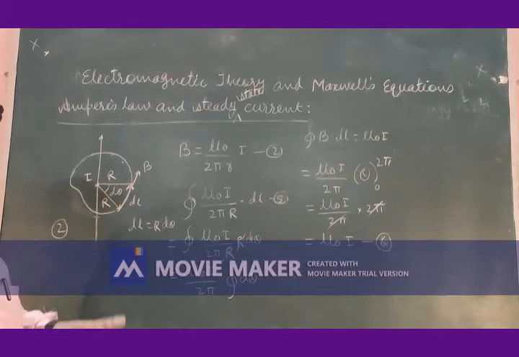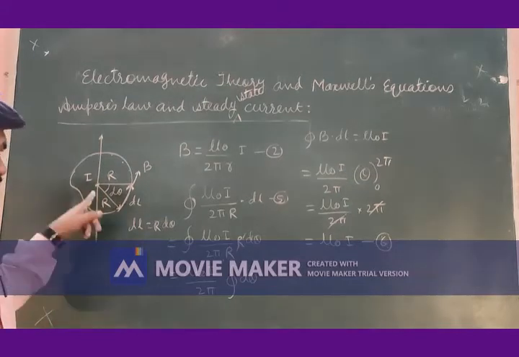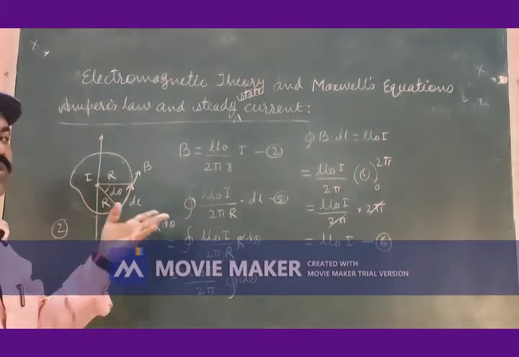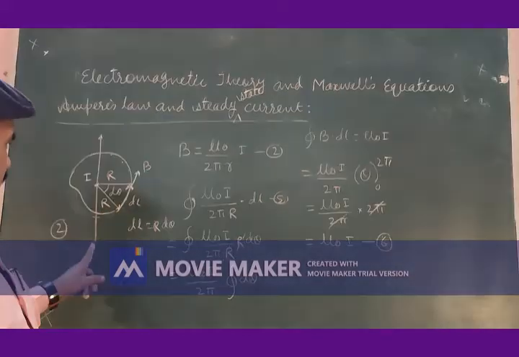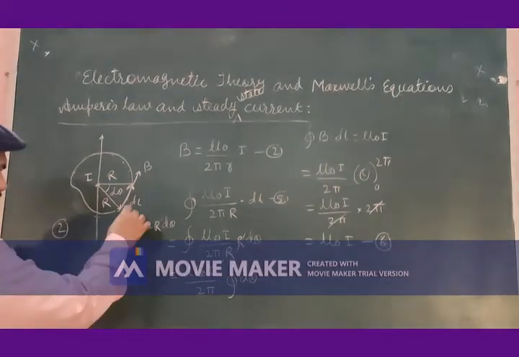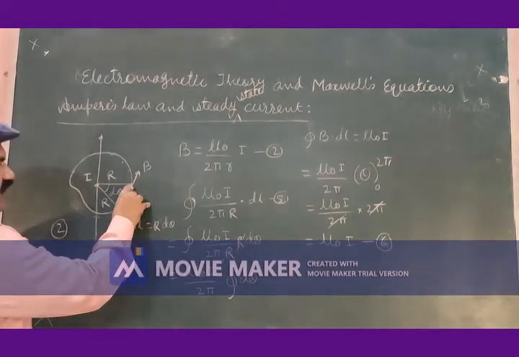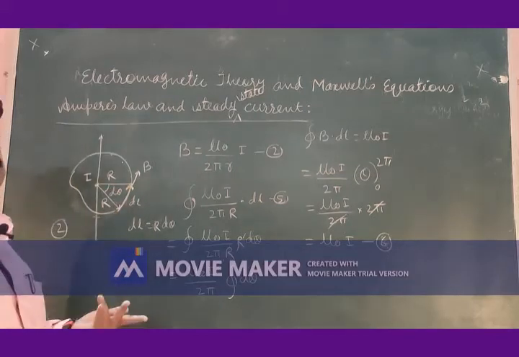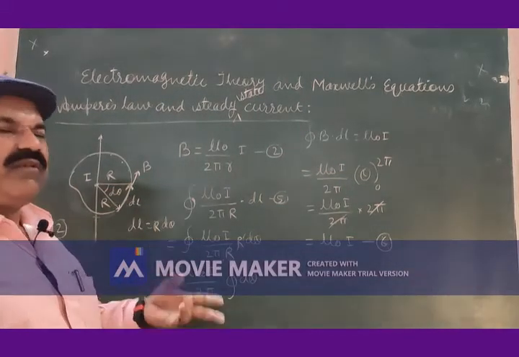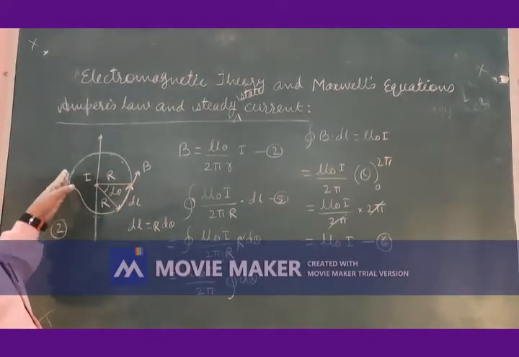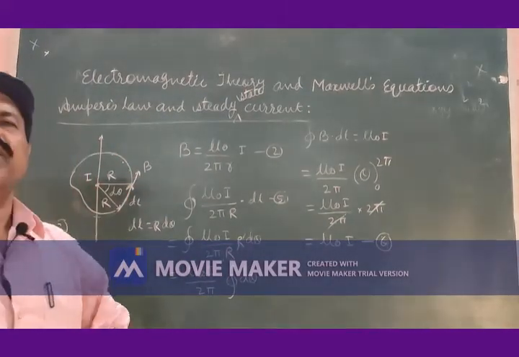It is a current conductor carrying current I. This is a closed path, not a circle, enclosing this current I. What we have to do is consider the smallest possible arc, so that this R does not matter. These two R will be approximately the same.